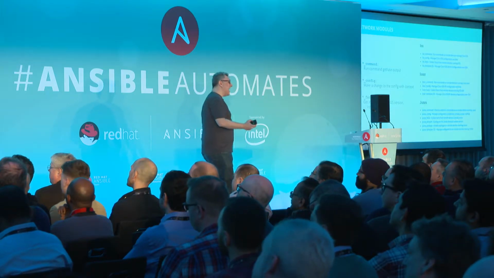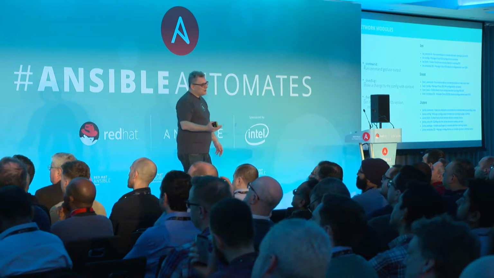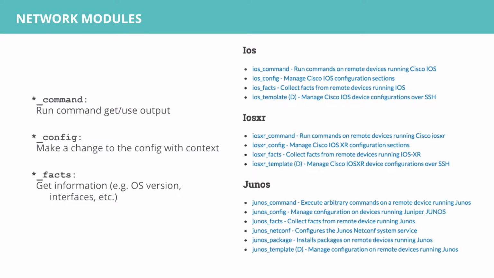That's what I mean when I say it's easy to step up to Ansible automation, because from the ground up, you can reuse what you have with, for instance, the iOS command module. As it turns out, all of the platforms have a _command module.